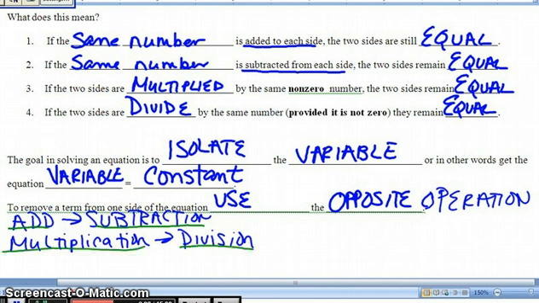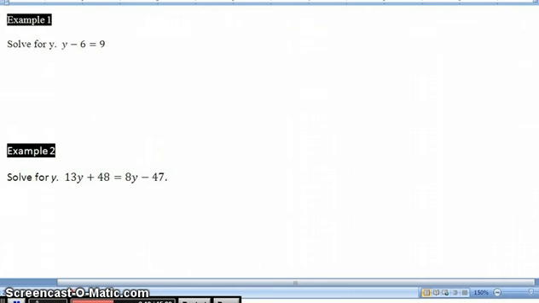Okay, let's try an example. We need to solve for y in the equation y minus 6 equals 9. So our goal is to isolate y or get it alone, so we need to eliminate that negative 6. So I'm going to have y minus 6 equals 9.